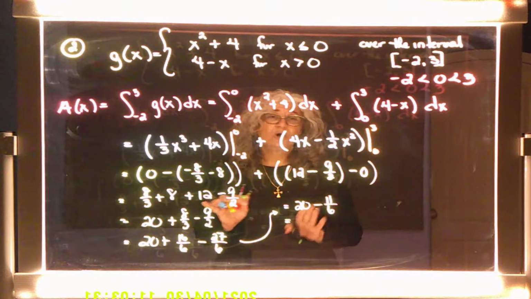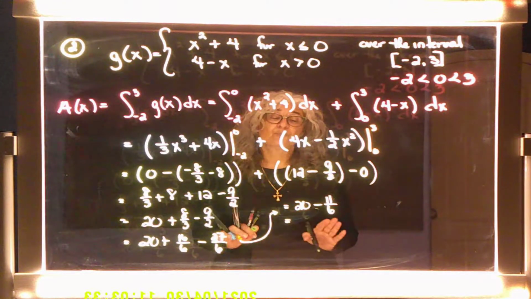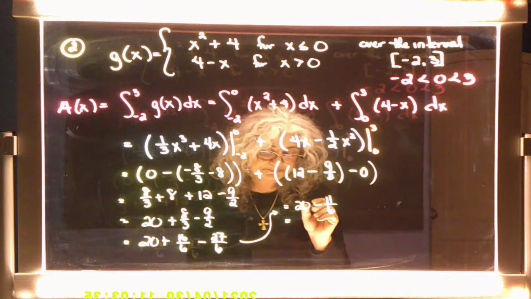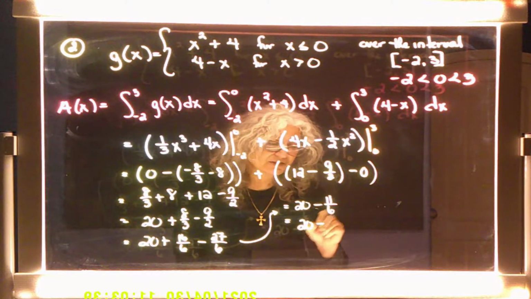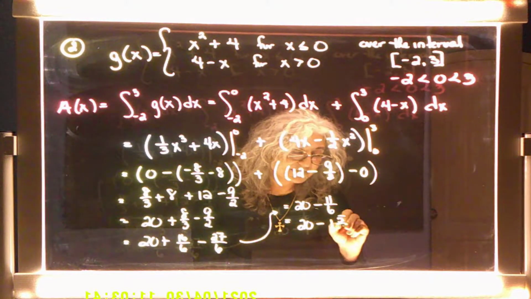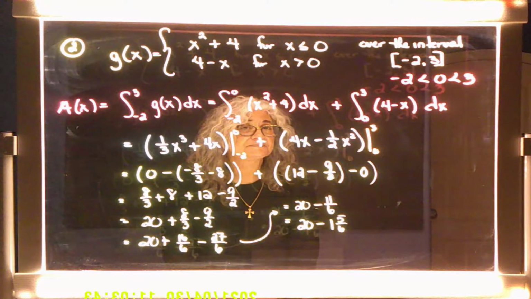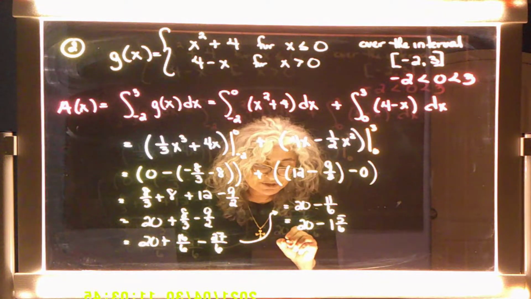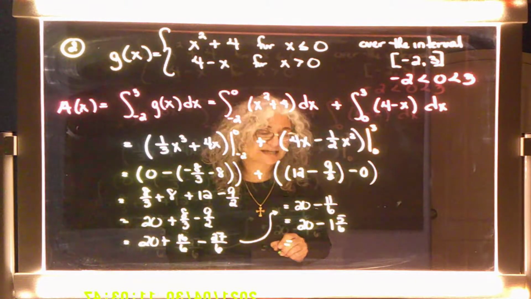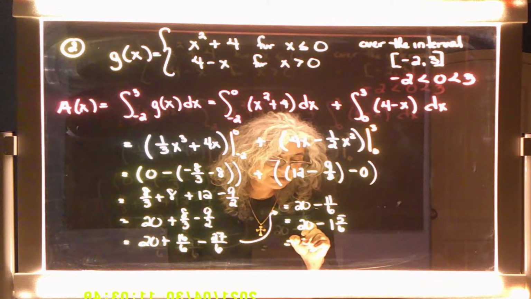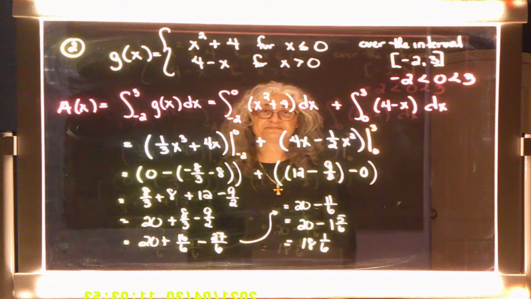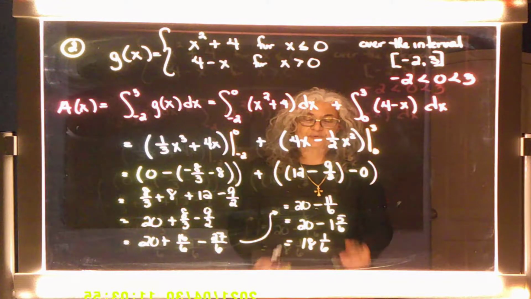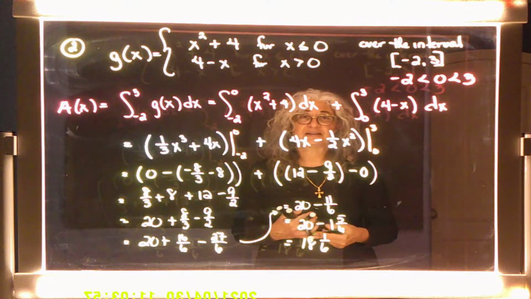Now, if they want me to write it as a mixed number, I'm well on my way to be able to do this. This would be 20 minus 1 5/6. So when you subtract this, this would be 18 and 1/6, wouldn't it? And some of you are like, wait, how'd you get that?